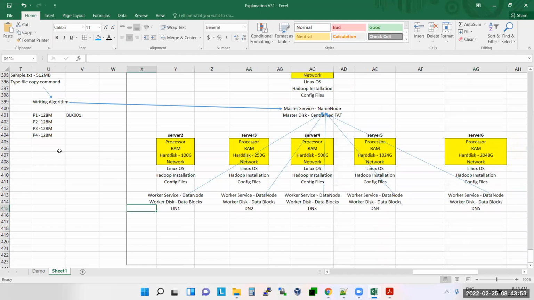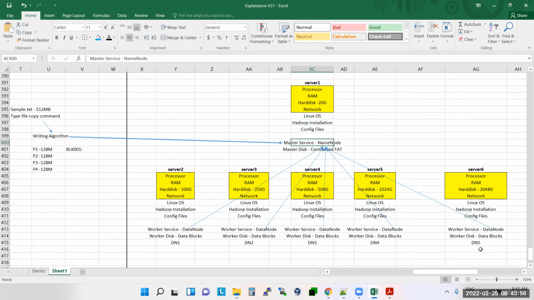The name node knows who has more free space. So for the first piece, the name node says to give the name BLK001 and put it into these 3 machines. Why these 3 machines? Because these have more space. So put it into DN3, DN4, DN5. For the second piece, put it into DN2, DN3, DN4.